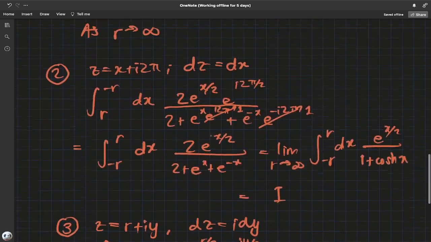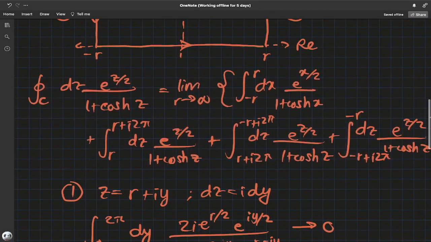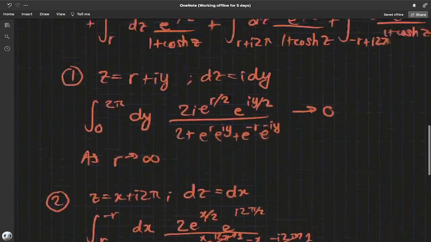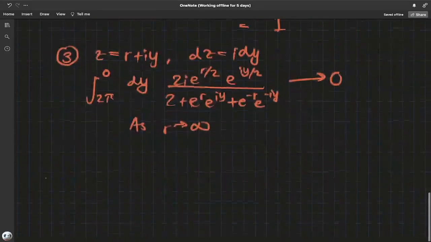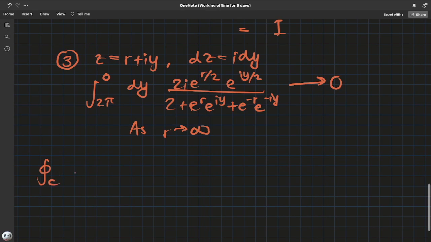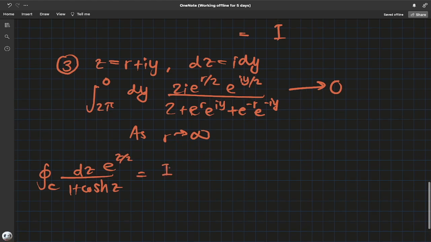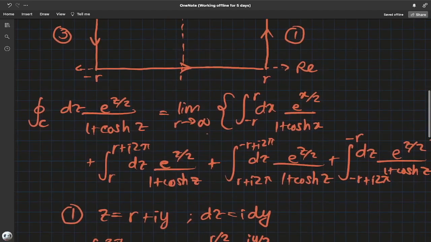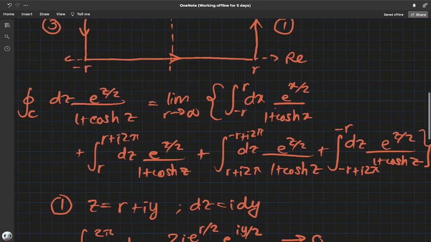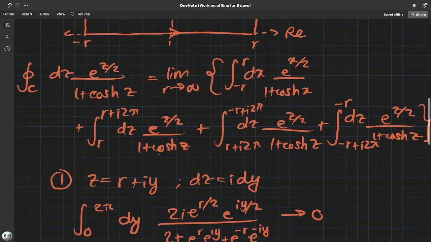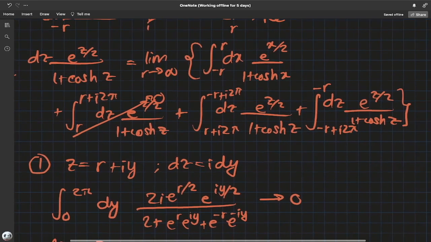So you notice after doing all of these parameterizations, we come to the conclusion, and again I'm rewriting this closed loop integral equation. We had dz over e raised to z over 2 over 1 plus hyperbolic cosine of z. The first term was I, in the limit it becomes I. This goes to 0 and this goes to 0.